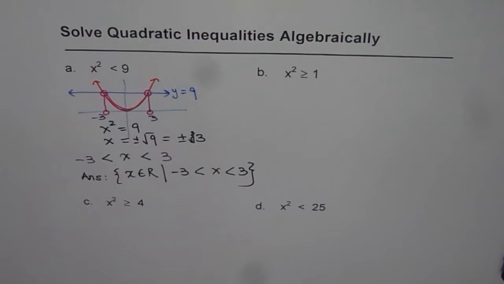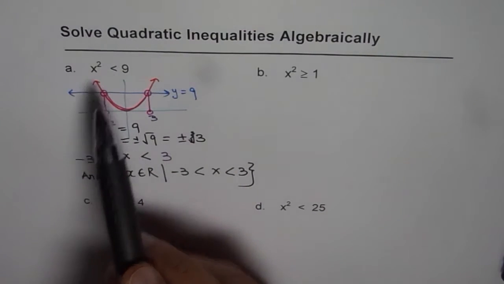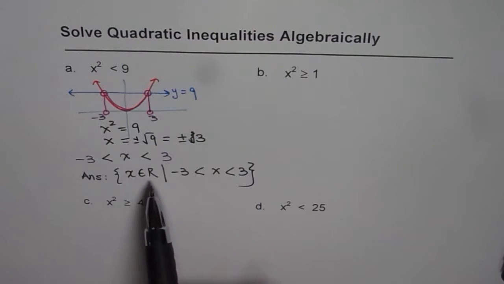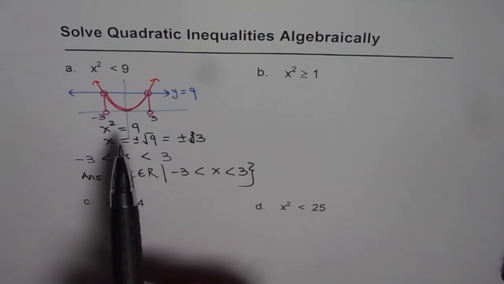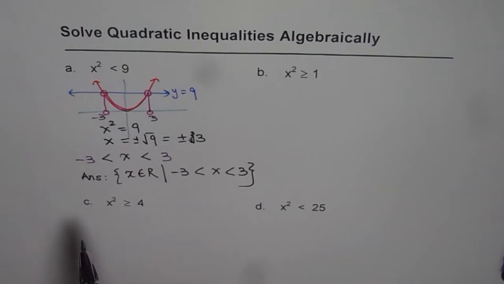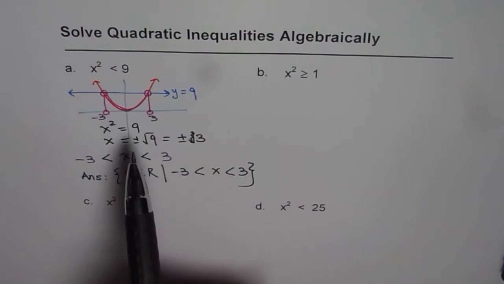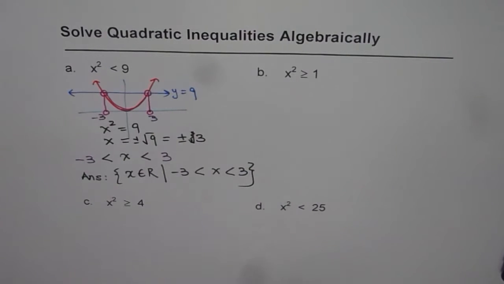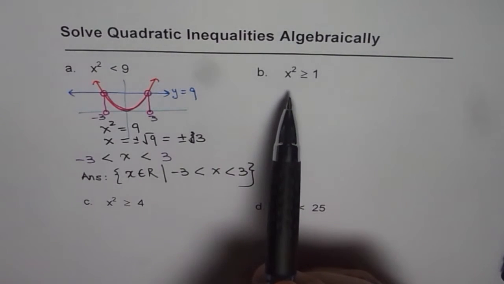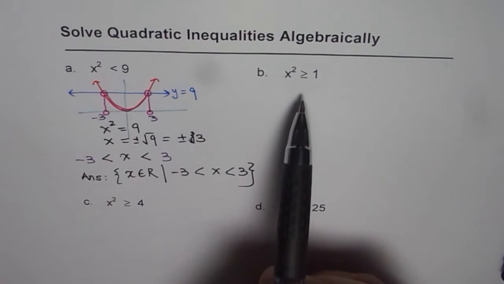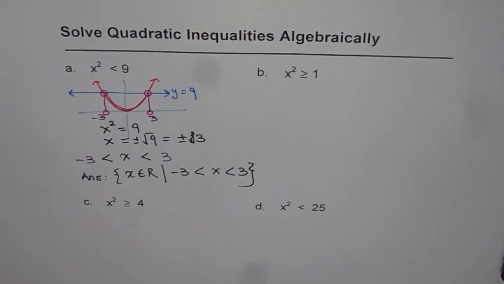So that is how we are going to solve these questions. The steps are: first, solve the equation, and then figure out what part is the solution set, right? So whenever it is less than, it is in between those 2 points. Now let's look into the next example, x squared greater than or equal to 1, and let's see how it changes. So let me again sketch a parabola like we did last time.